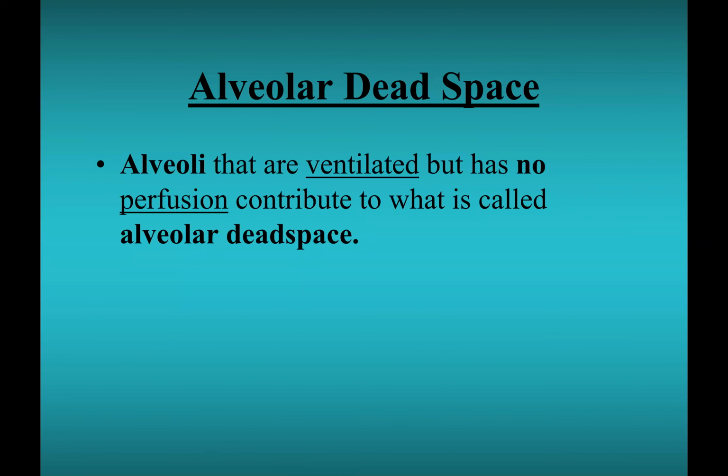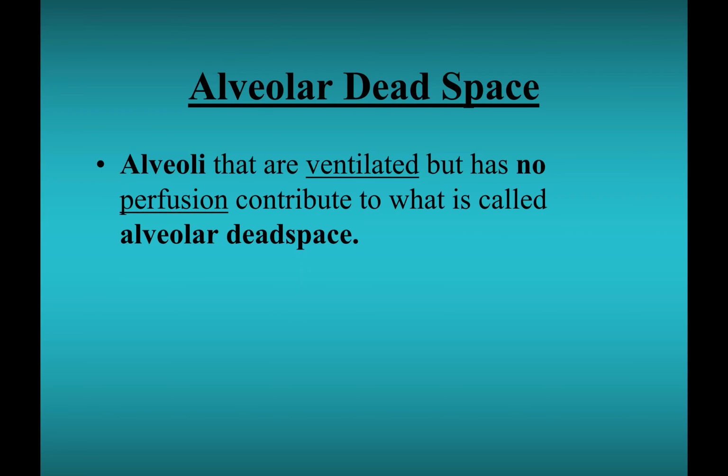I'm going to say that again. It's the alveoli, we know where the alveoli are in the respiratory zone, that are ventilated, because we have several different levels of dead space. It's not just dead space in the conducting zone, but even down at the alveolar area. Think of the pores of Kohn and the canals of Lambert, where there could be blockages and then the connecting areas can't communicate with each other.